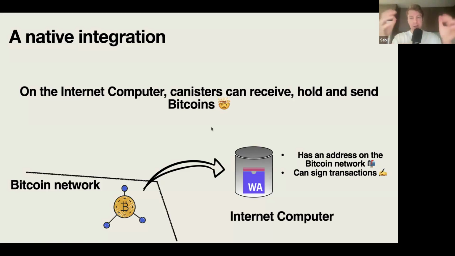You can think of a canister as a wallet that has an address on the Bitcoin network and is able to sign transactions. If you think about it, it's even better than a wallet. Some people say it's a smart wallet because it can perform computation, it can perform automatic actions, it can be triggered upon events, and you can customize the wallets for each user. So it's a very smart wallet which you can build on top of a canister.